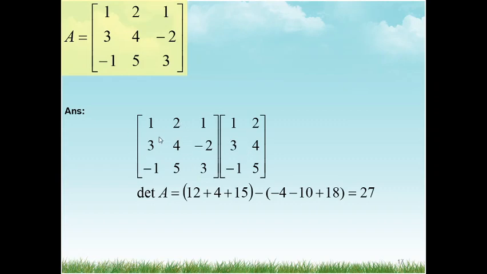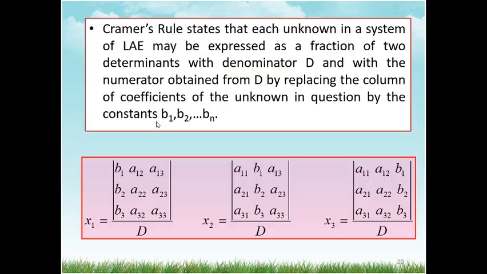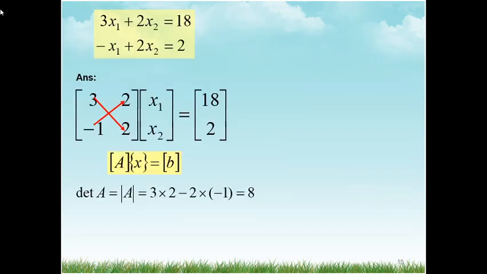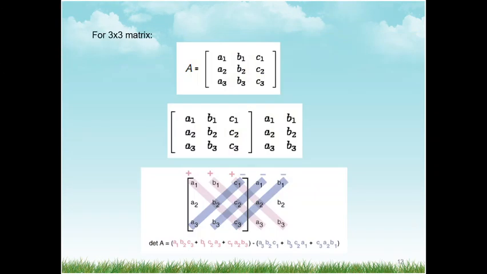Then we find the sum of the multiplication of the numbers in the diagonal form. To see this clearly, let's say this is the matrix A that we have seen just now. We find the summation of the multiplication of numbers in the diagonal form.